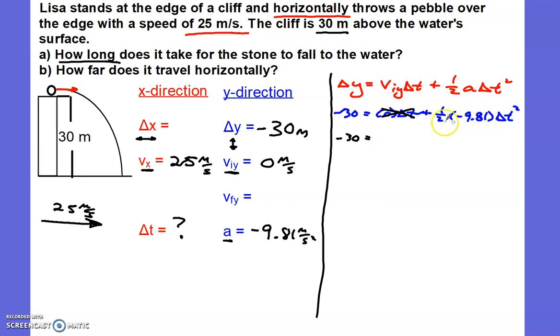Over here I have 1/2 of negative 9.81, which is negative 4.905, and still the delta t squared. Now I divide by the negative 4.905, and I get that 6.11 is equal to delta t squared. To solve for delta t, I must take the square root of both sides, and I get that delta t comes out to be 2.47 seconds.